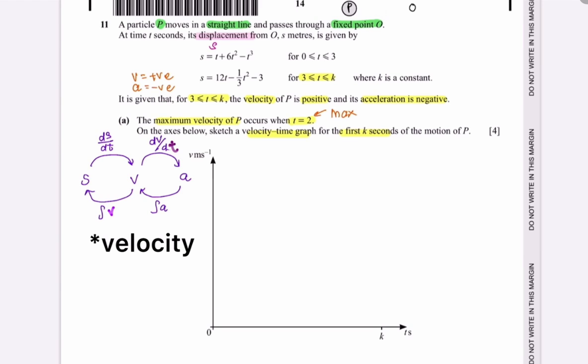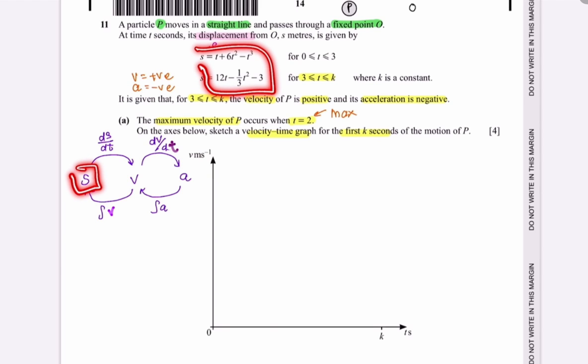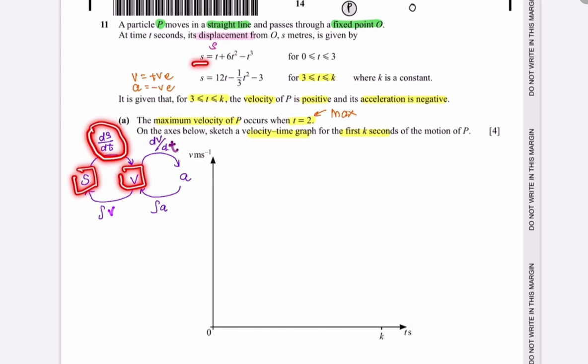Now, they give us displacement, and we need to use displacement to build the velocity graph. So, from displacement to velocity, we need to differentiate S. Another thing you need to know: on a velocity-time graph, the slope is the acceleration, and the area under the graph is the distance.